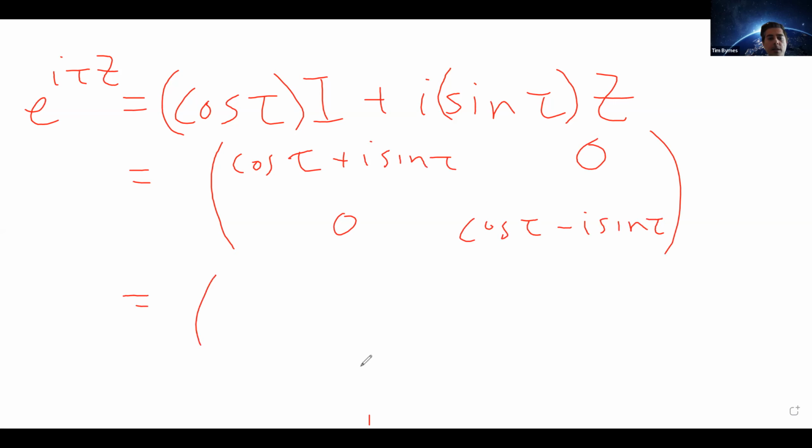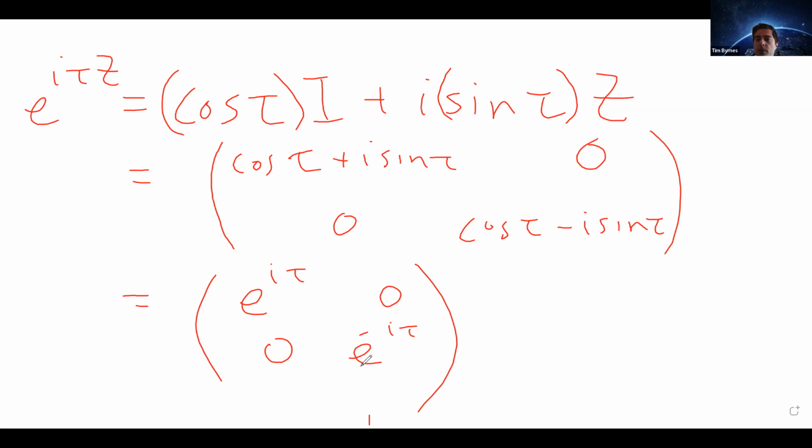And actually we can even write this in terms of Euler's function again. So that's basically the matrix exponentiation step. That's how you can evaluate it.